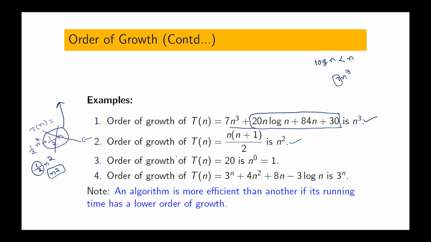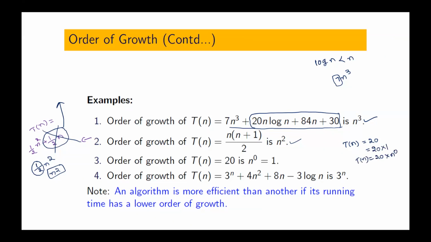Now if T of n is 20, what is the order of growth? Order of growth is always in terms of input size only. 20 can be written as 20 into 1. And we know that input size is n. So 1 can be written as n power 0. T of n is 20 into n power 0.